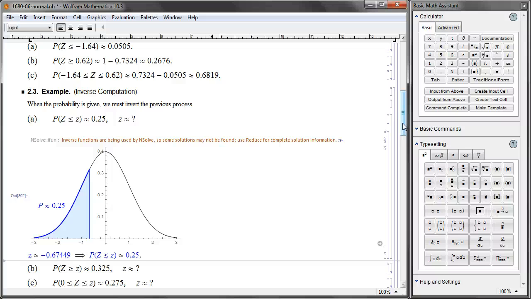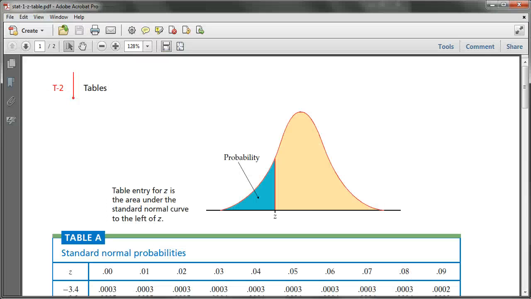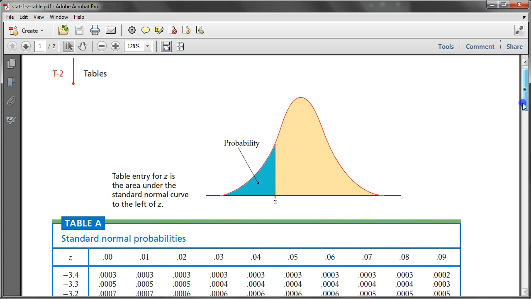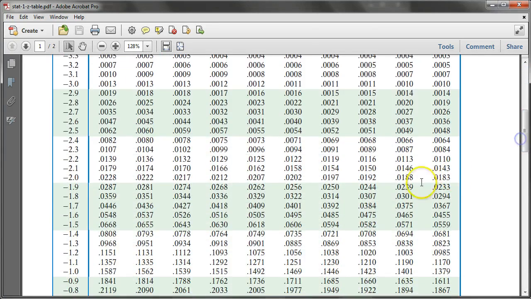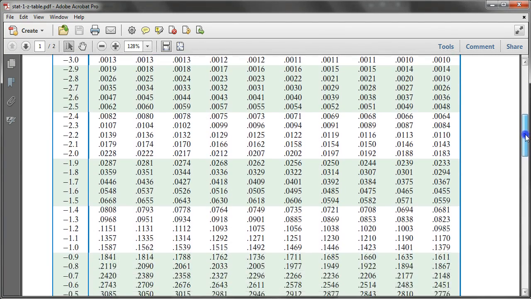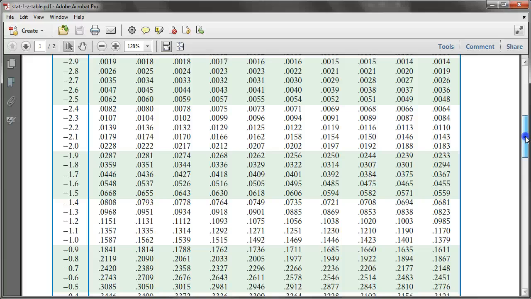You have to look up 0.25 from your table. Let's go over to the negative page, the first page, and look for 0.25. You have to find, among all these numbers, the one closest to 0.25. 0.2514, and 0.2483.